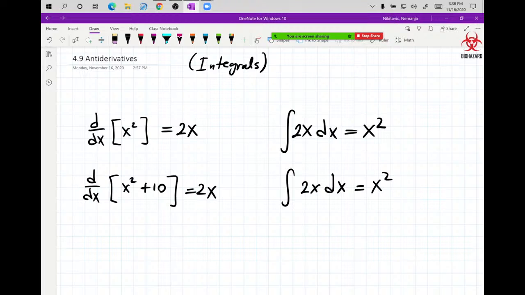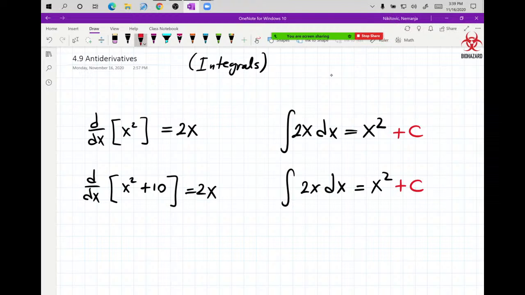So the problem is that we can't really undo this derivative fully, because we never know if there was a constant or not, which is why to each integral that we solve, we add this plus c.